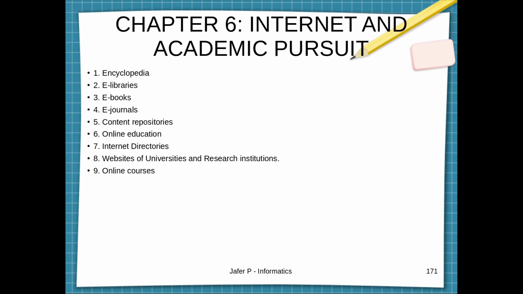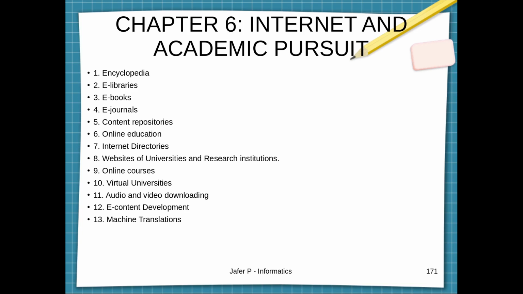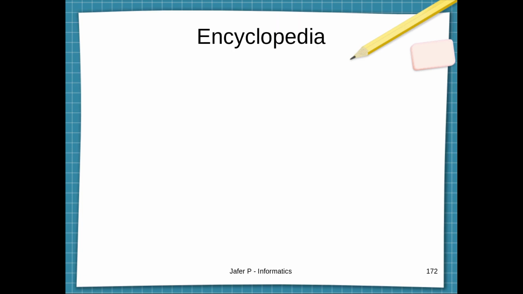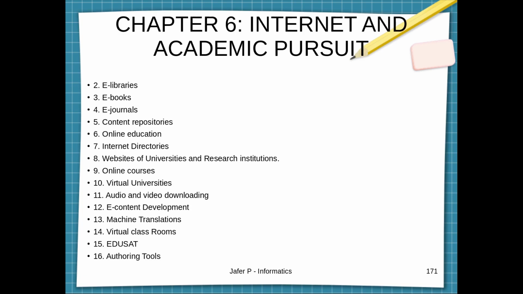Ninth, online courses. 10th, virtual universities. 11, audio and video downloading. 12th, e-content development. 13, machine translations. 14, virtual classrooms. 15, EduSat. 16, authoring tools, etc. So these are the topics we are going to cover in this chapter, that is chapter 6, Internet and Academic Pursuit.